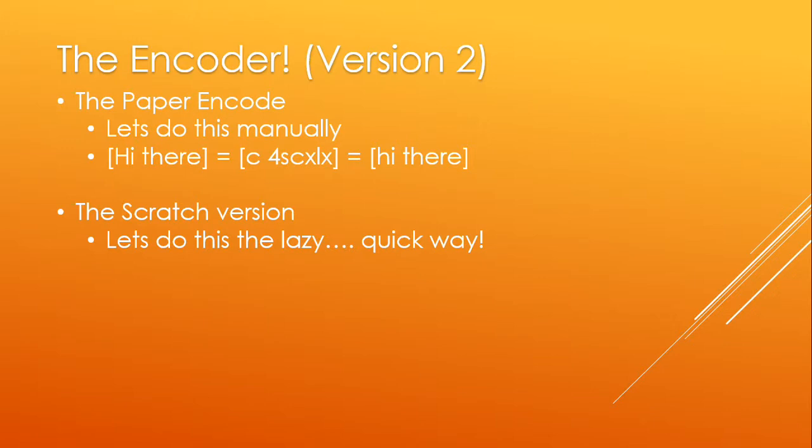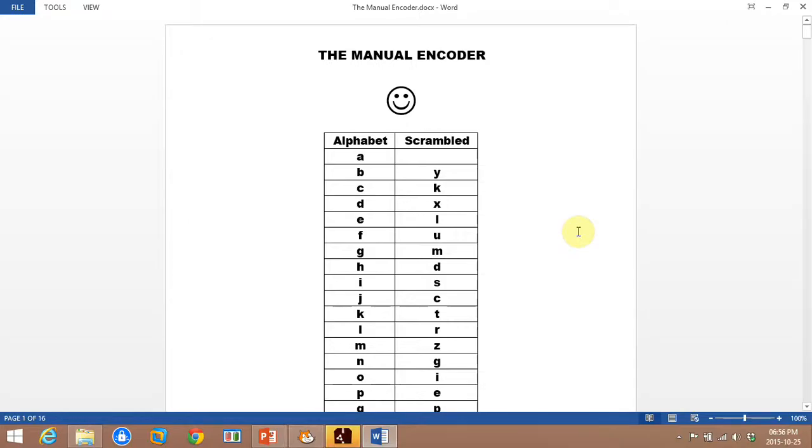Now back to the encoder, and we're looking at version number 2. In class we gave an example of a paper version of the encoder, and we said let's try this whole thing manually. So I'm going to show you an example of what the paper encoders look like. Here's an example of one of the sheets that we handed out.